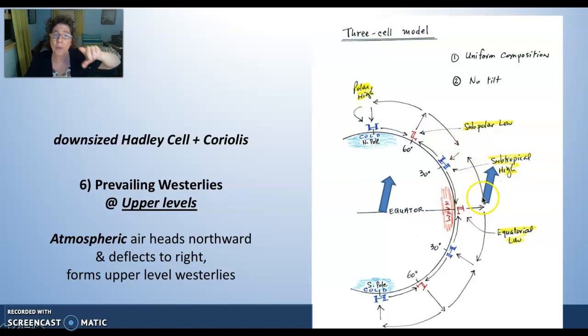And as they're moving north in the upper levels without any friction, the Coriolis effect really takes hold and deflects them to the right, and this becomes a westerly wind aloft. So it explained the westerlies that we see carrying the clouds, and that's how people knew in the 1800s. They knew there was something about the winds aloft, and now they could explain a little bit more about it when they observed the clouds always moving on a prevailing westerly wind.